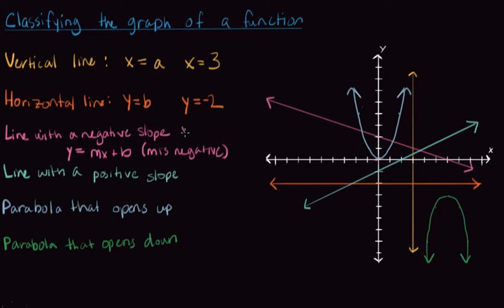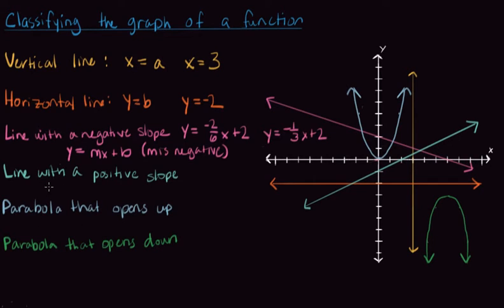So this is y equals -2/6 x plus 2, or you could reduce that to y equals -1/3 x plus 2. But lines with a negative slope are always going to have y equals mx plus b, or you might have to simplify to get it to look like that, but the m is always going to be negative, and that's always going to be a line with a negative slope, which slopes down as we look from left to right.